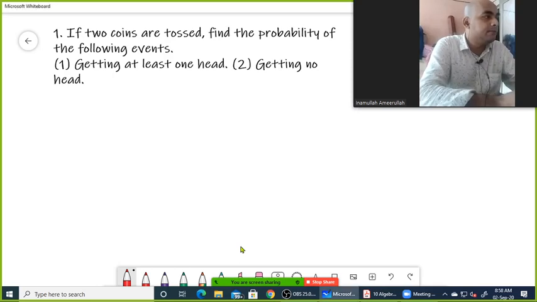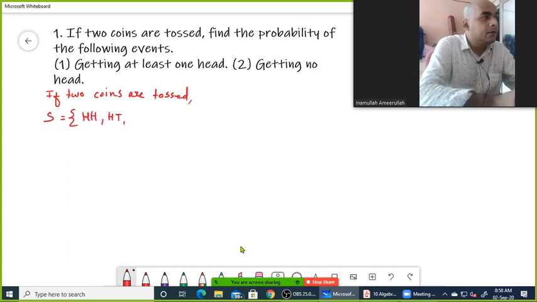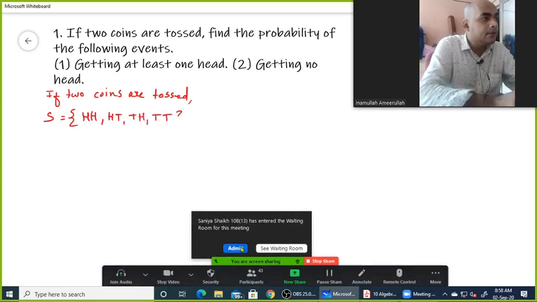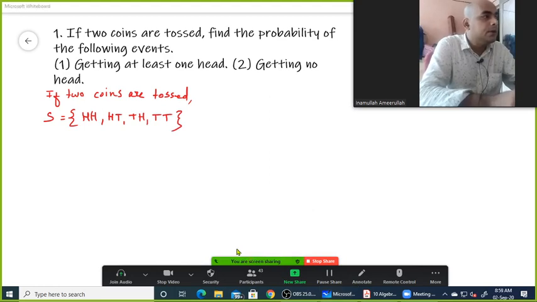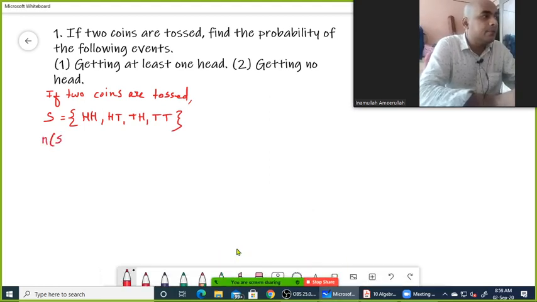If two coins are tossed, then the sample space would be HH, HT, TH, or TT. So this could be our sample space, and the number of sample points will be 4.